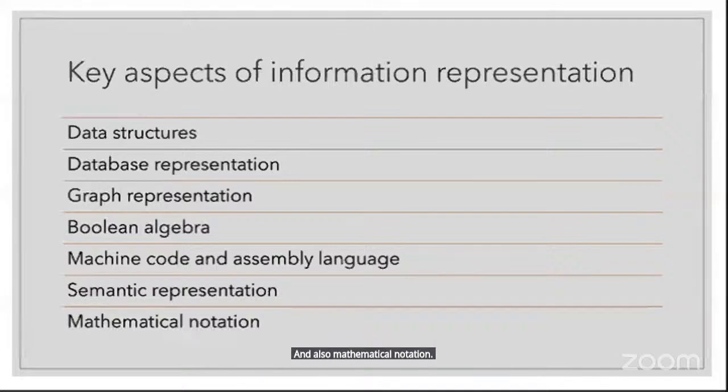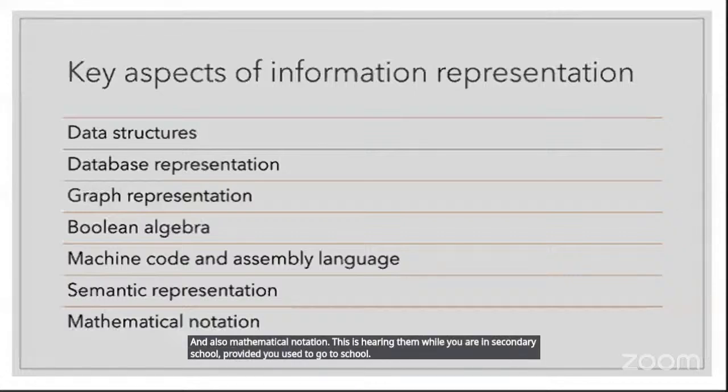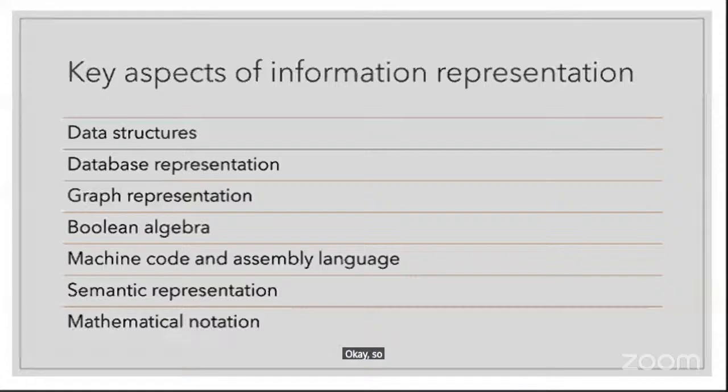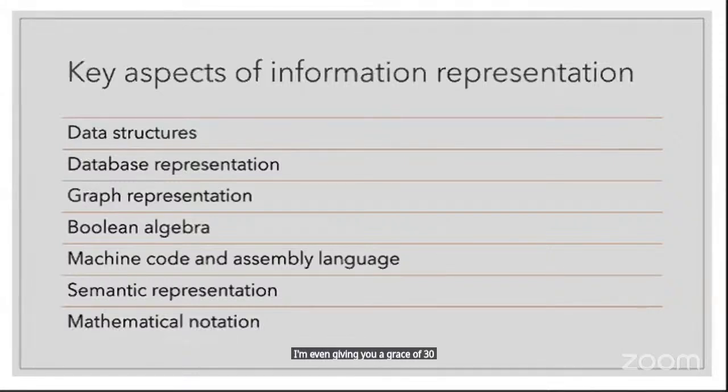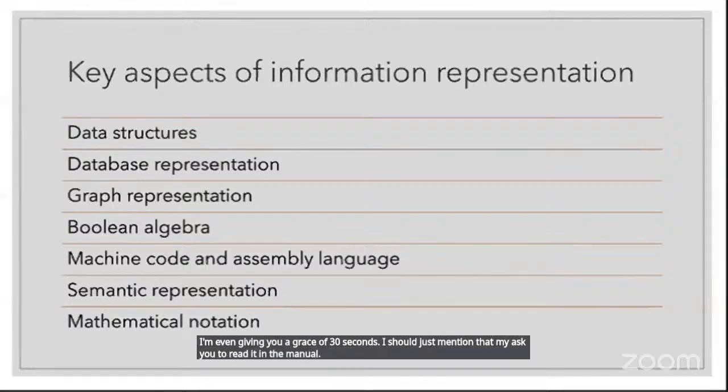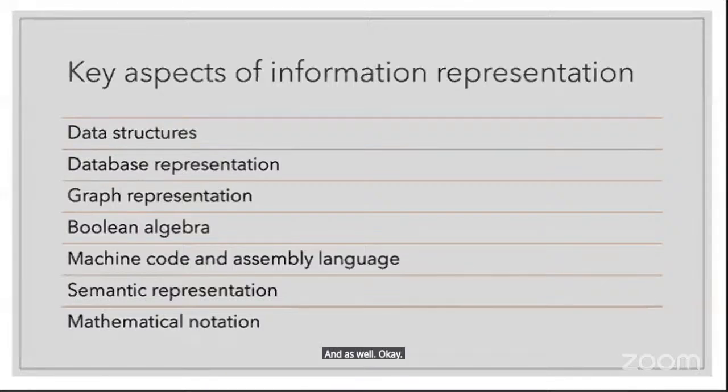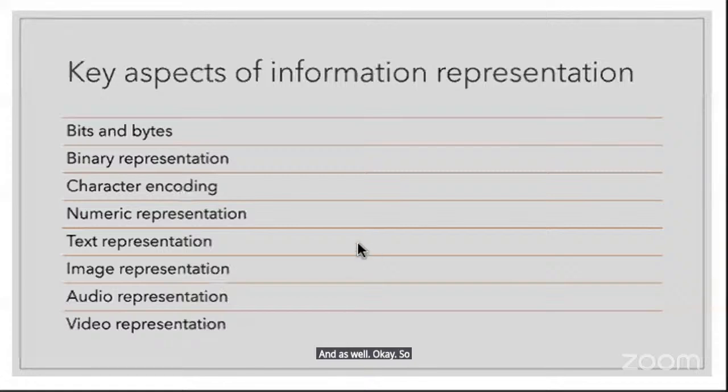These, you'll be hearing them while you are in secondary school, provided you used to go to school. Okay, so if you are not going to school, you'll not be able to. Yes, 30 seconds I will use to explain each and every one of them. I'm even giving you a grace of 30 seconds. I should just mention them and ask you to go and read it in the manual. And that's all. Okay, so see how we are going to move.